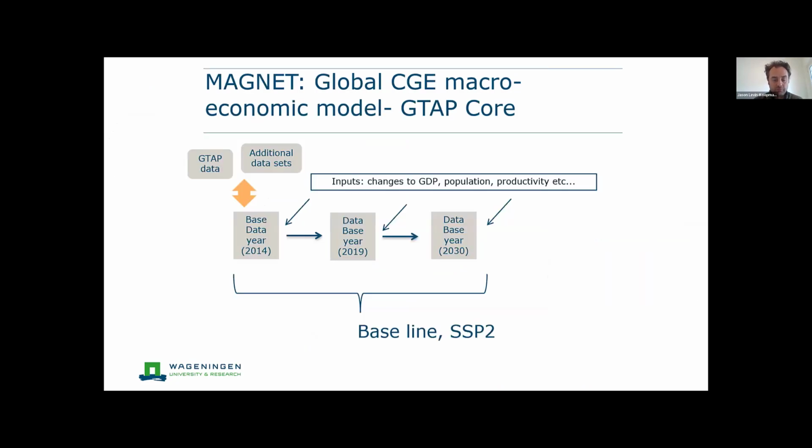MAGNET is also set up in a recursive dynamic way. So we're projecting out from 2014 to 2030, and this is done on the basis of assumptions on population and GDP growth from SSP2, the second shared socioeconomic pathway.